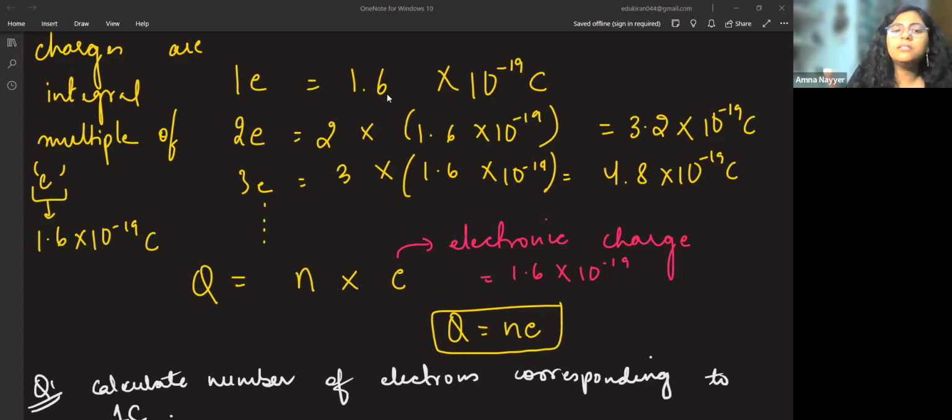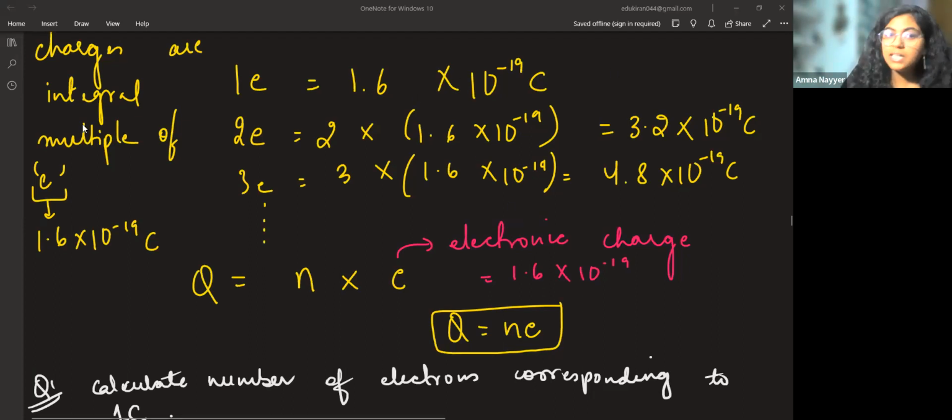In between, nothing is possible because it can be 1 electron, next 2, then 3, then 4, like this. Whatever values electrons are holding, it will be an integral multiple of this number.